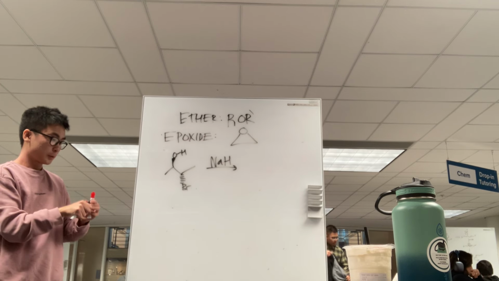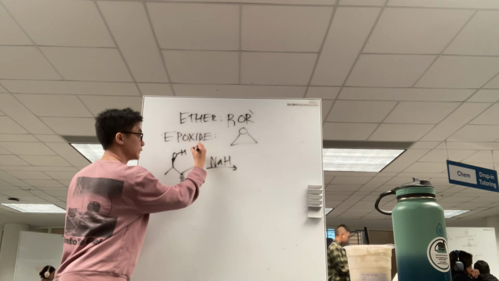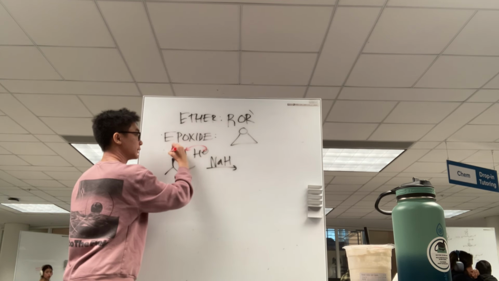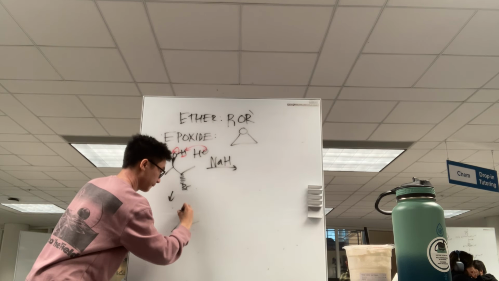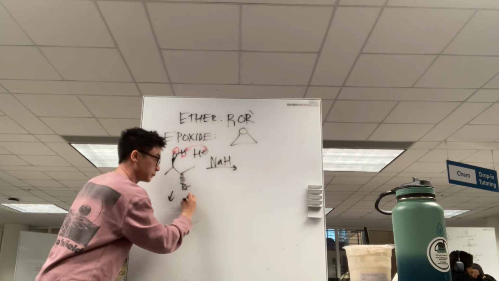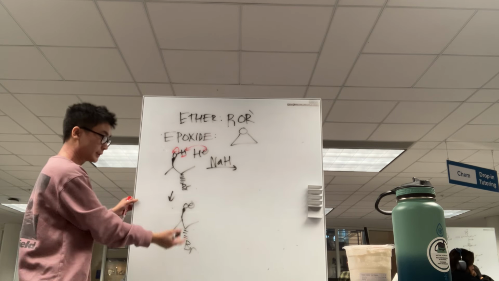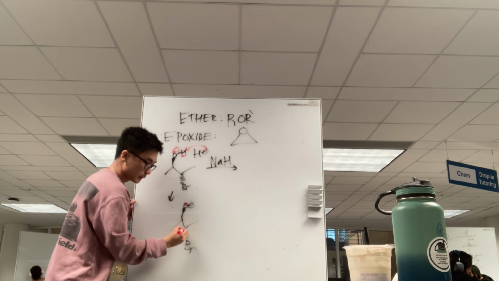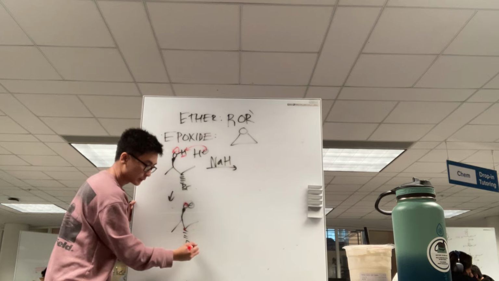Acid-base reaction, where the H- or the hydride ion is going to deprotonate this acidic proton and create this alkoxide ion, which is the strong nucleophile, strong base. This is intramolecular because we see the nucleophile, which is this oxygen with the negative charge, is on the same molecule as this electrophile, the partial positive charge carbon here attached to this good leaving group.